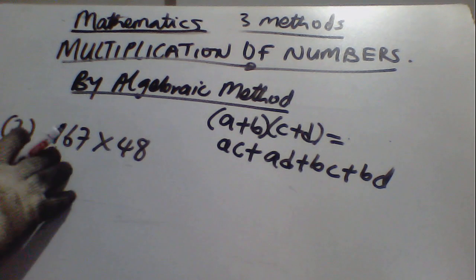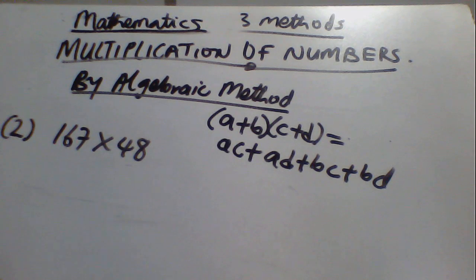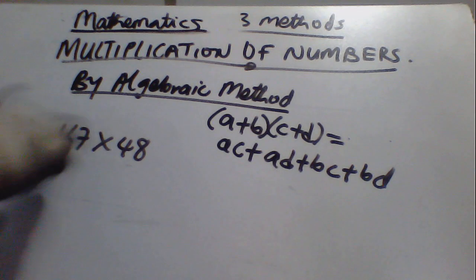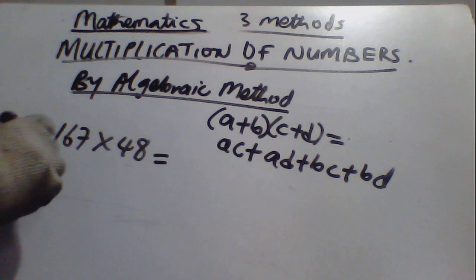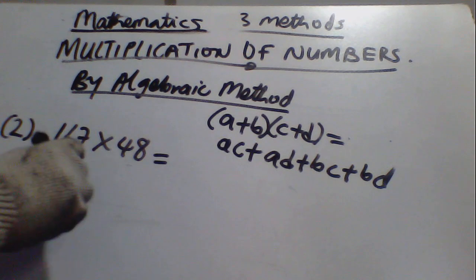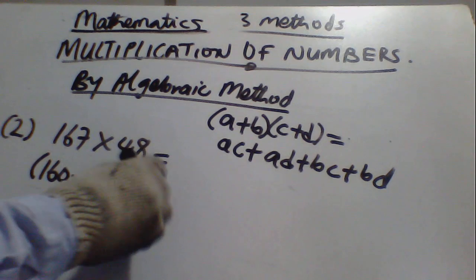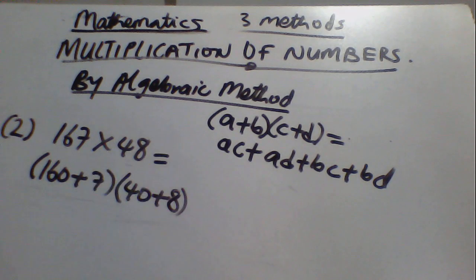In this case, we have 100 and also we have tens. Split this into 100 and the tens, or split it into 100 and the unit. So this is the same as 160 plus 7. Whichever one is easy for you, split this one into 40 and 8 and then multiply out.